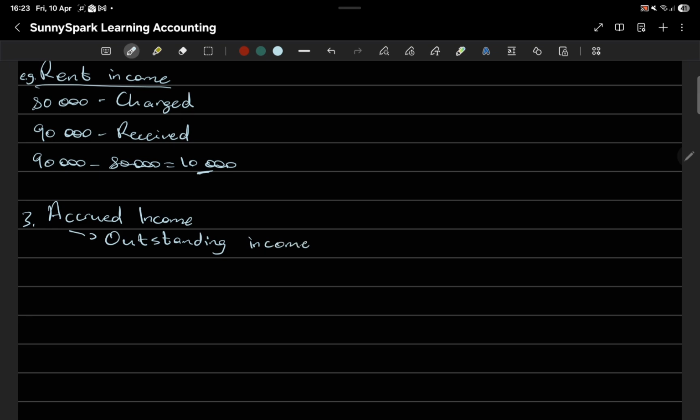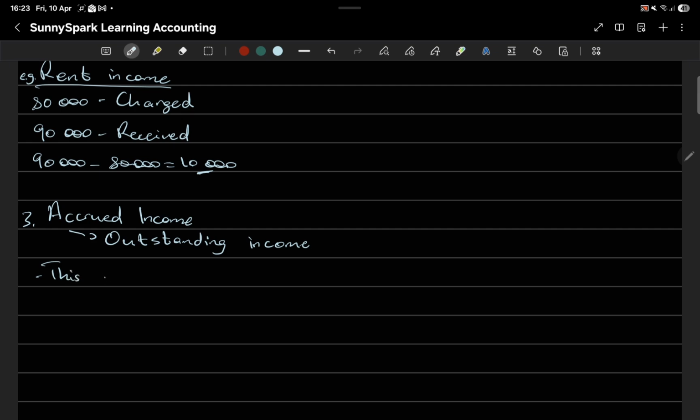You have not yet received, or you have received, but you received less money. So there is a difference that you have to receive in order to ensure that the amount of money you've received is the full amount. Okay, let's define this first.